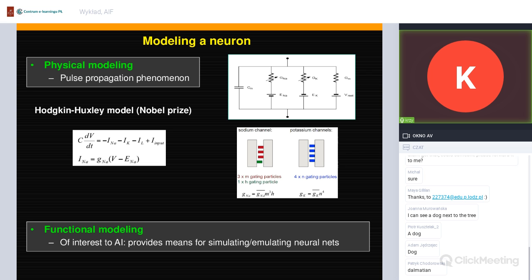We'll be talking about neural networks and the basics. The basic element component is a neuron, and the neuron is a cell, a living cell. We can look at this cell from different perspectives. We can look at this cell from a perspective of trying to understand each detail of its operation.